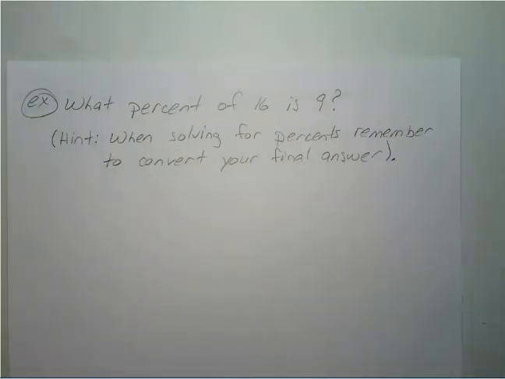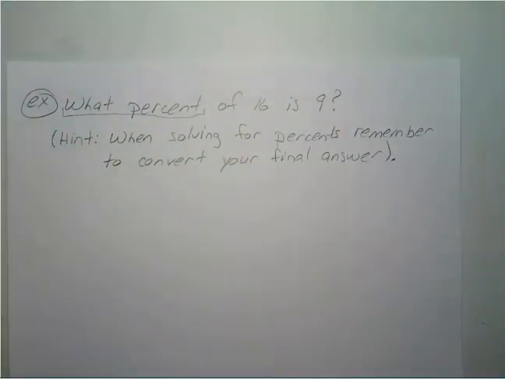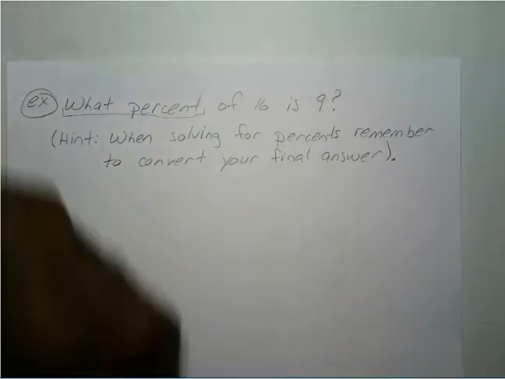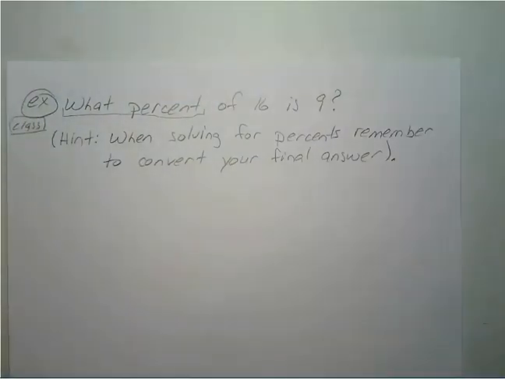Now, when you're solving for percent using the equation method, you actually do have to convert your final answer, because this will give you your final answer as a decimal when you're using the equation method. Now, when you're using the proportion method, you don't have to convert. But when you're using this method, it's very important to remember to convert your final answer. All right, so what I want you to do is go ahead and press pause and try to solve this one.